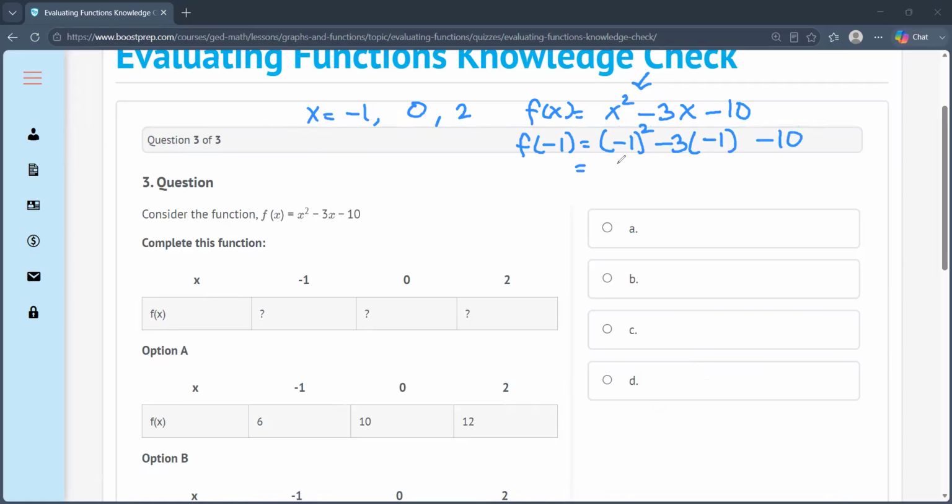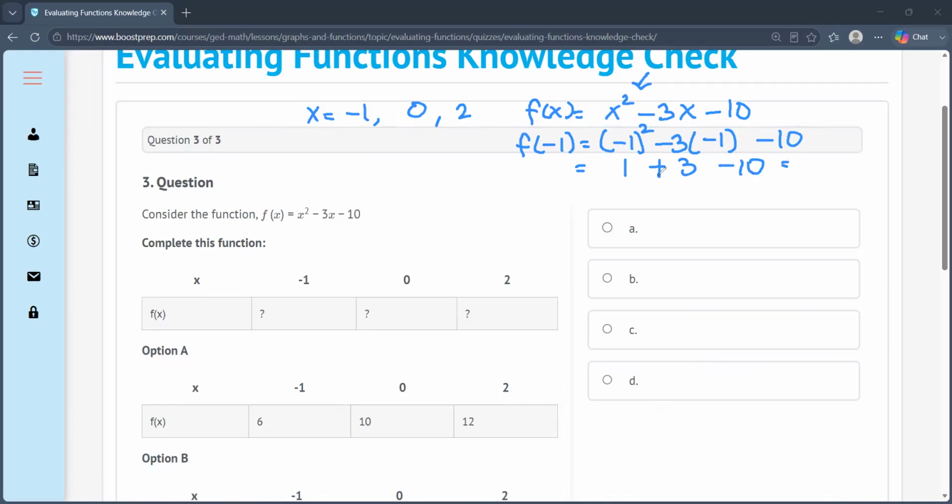If you put it exactly like this in the calculator, you're fine. Make sure you put the parentheses. But without a calculator, -1 squared is +1, not -1. -3 times -1 is +3, and then minus 10.